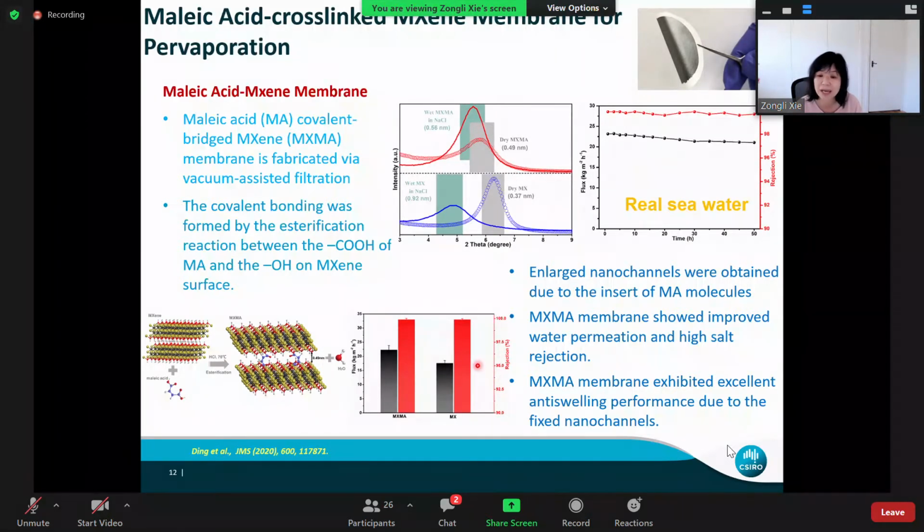And because of that, we are able to enhance the flux, and again achieve very high salt rejection as well. And we tested this membrane with real seawater, running in the laboratory for 50 hours, and it maintains very good performance.